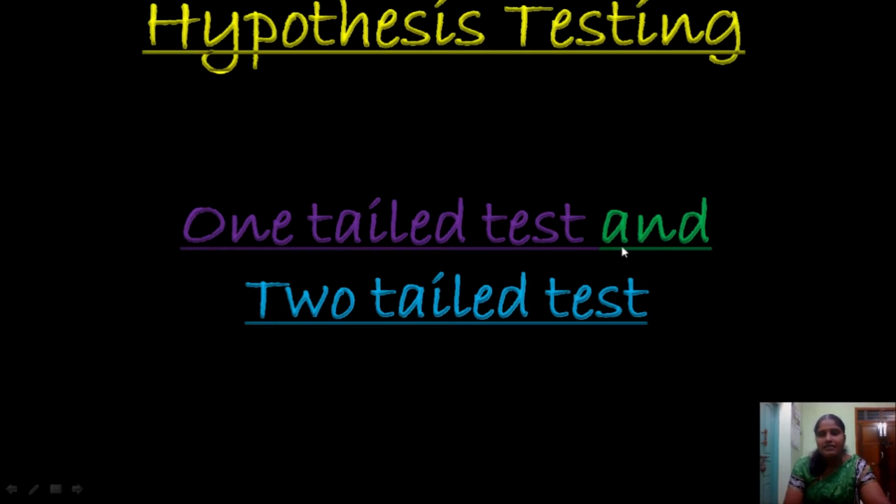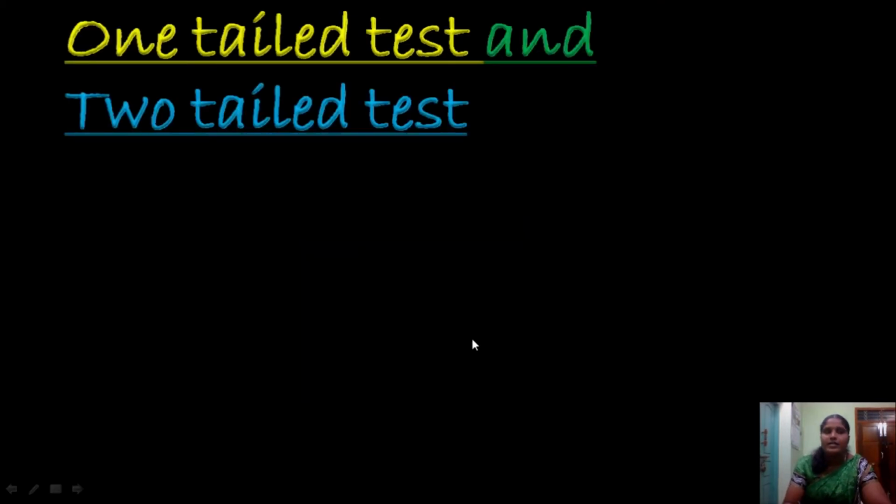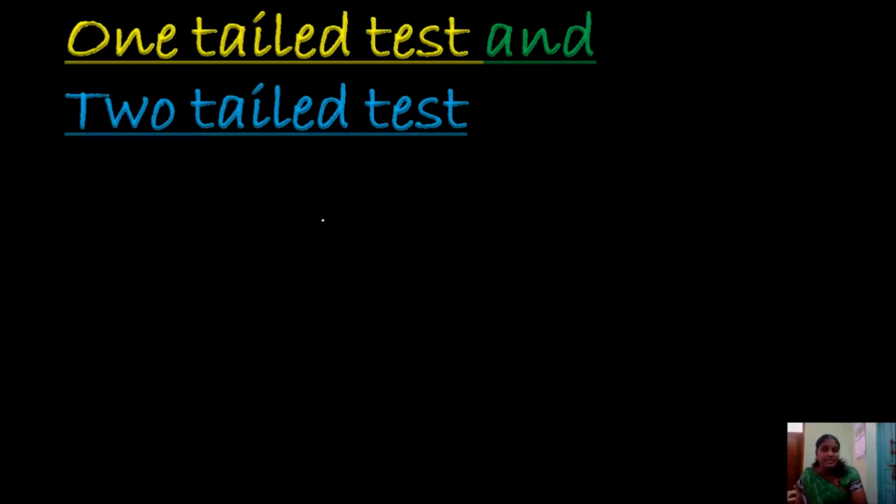So, it is really very important in hypothesis testing. Let me now explain one-tailed test and two-tailed test in detail. What does it mean? What happens if it is one-tailed test and if it is two-tailed test?